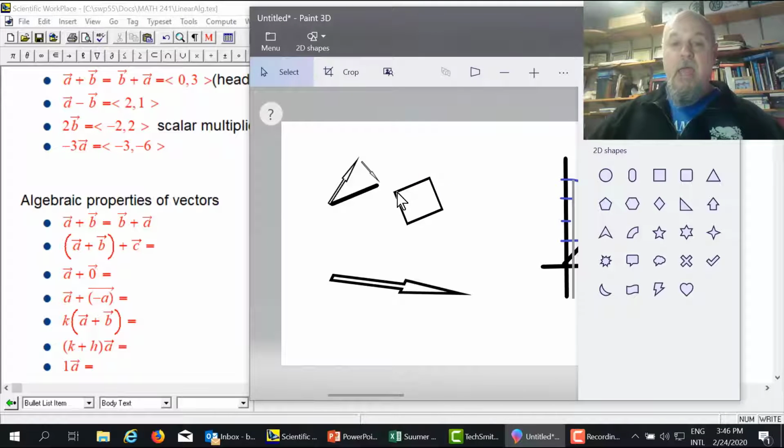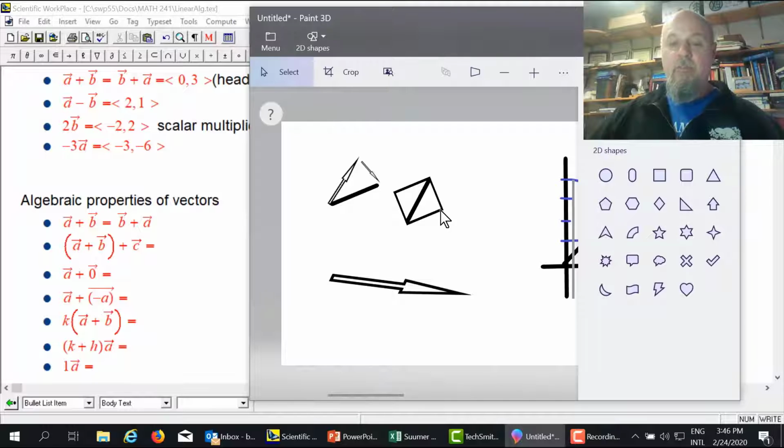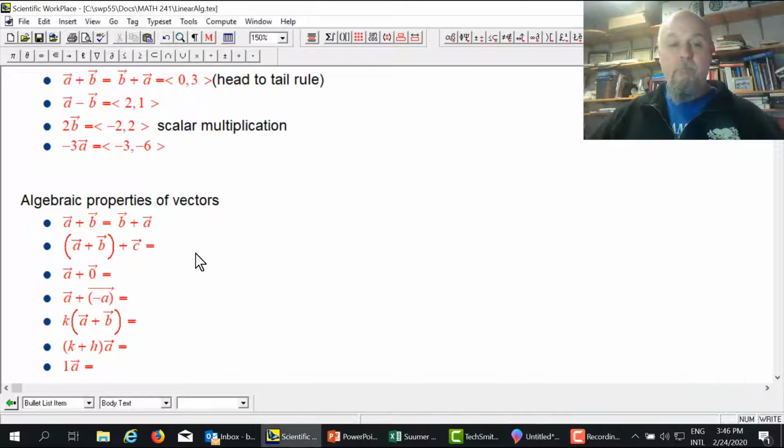So a plus b gets me from here to here, which is the same as b plus a. In this case I'm getting a rectangle, only because I drew a rectangle here. But this doesn't have to be a rectangle. It can be any parallelogram.